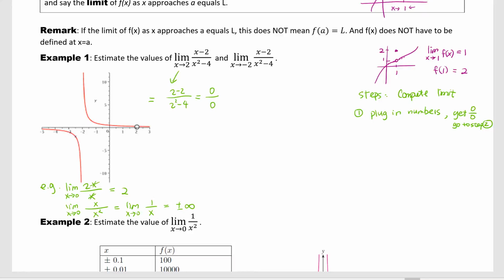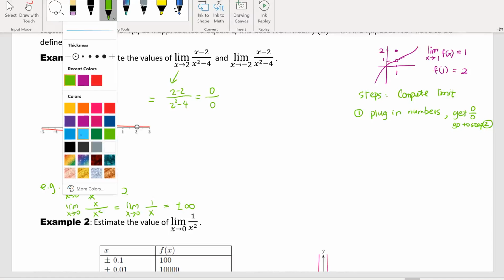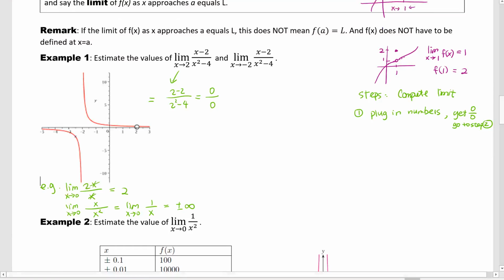So be careful. Let me change your color and put it down here, because I know many of you will get confused. 1 over 0, isn't it undefined? Yeah, 1 over 0 is undefined, but the problem is we don't have exactly equal 0 in the denominator. We're approaching it from the right. So this notation means you're getting close to 0, but it is positive.